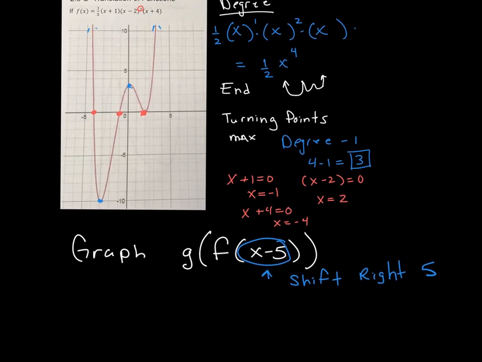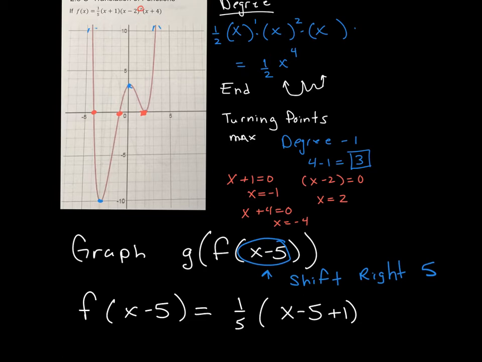What does this look like numerically? What that means is, let's start with f of x. F of x minus 5, right? That would be my original function, which is 1/5. Everywhere I have x, I write x minus 5. Then it would be plus 1 for the first one. Then it would be x minus 5 minus 2, quantity squared.